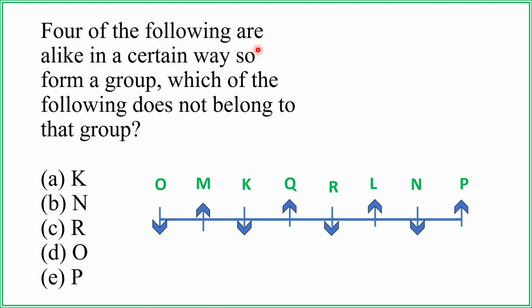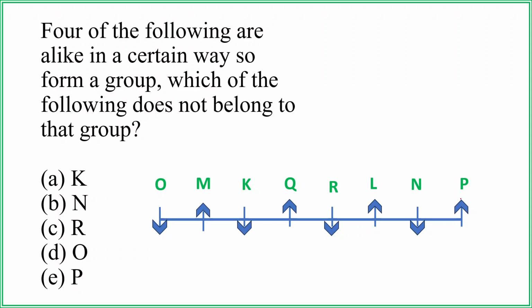Four of the following are alike in a certain way, so form a group. Which of the following does not belong to that group? So we have to see the options here, then only we can know our answer. See, the direction of K is south, the direction of N is again south, the direction of R is south, the direction of O is south, and the direction of P is north.